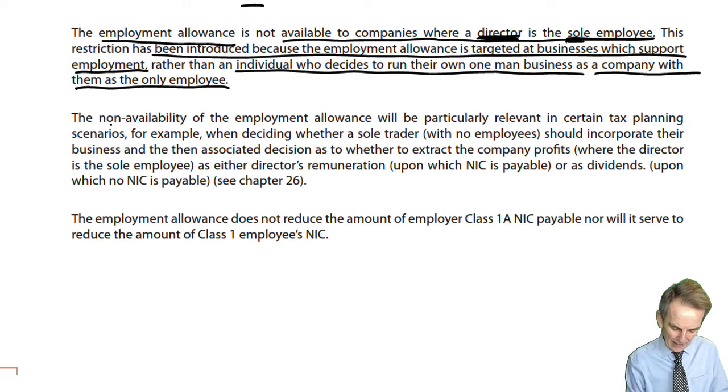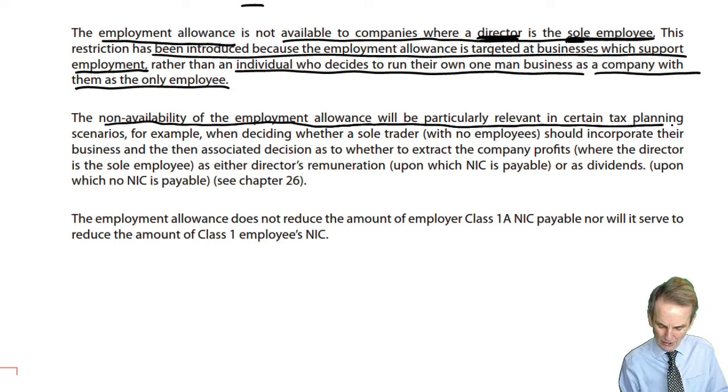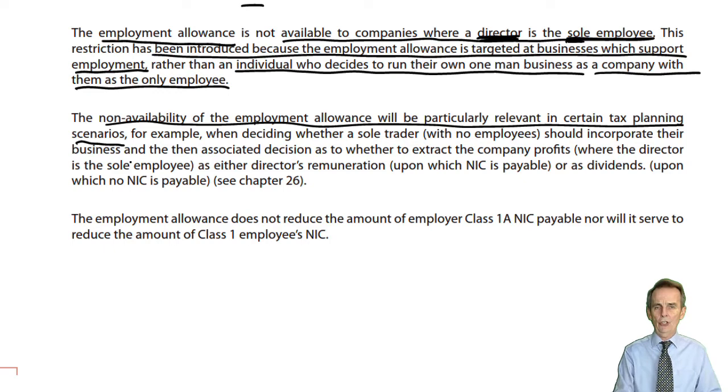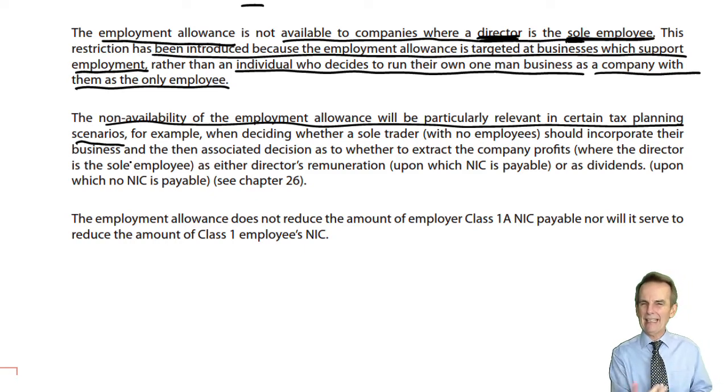Now, the non-availability of that employment allowance will be particularly relevant in certain tax planning scenarios. Again, we mentioned at the very beginning of the course, in our introductory lectures, the way in which, very specifically in Section C, and probably with a 10-mark question involved there, but it could spread wider, we try to have more planning scenarios tested upon us.